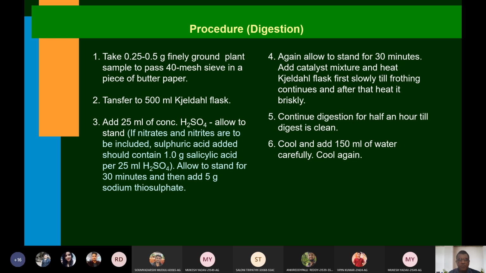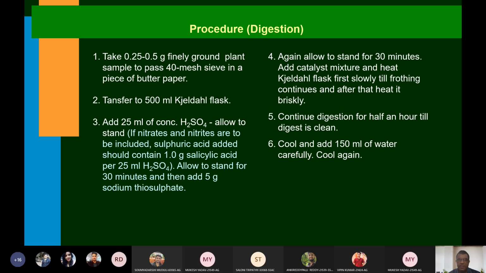Now, what you need to do after adding the sulfuric acid, again allow it to stand for 30 minutes. After 30 minutes, add the catalyst mixture and heat the Kjeldahl flask first slowly till frothing stops, and after that heat it briskly.